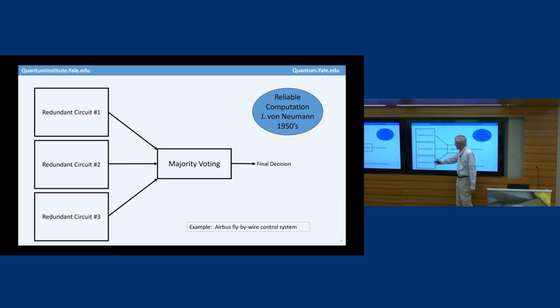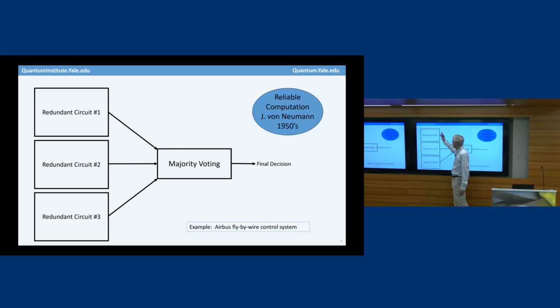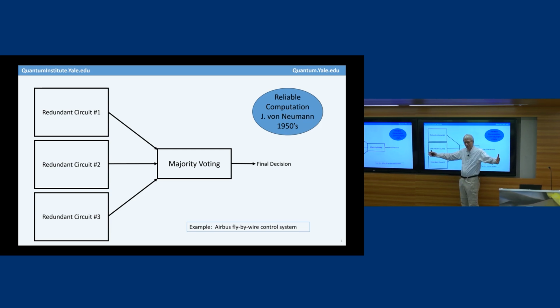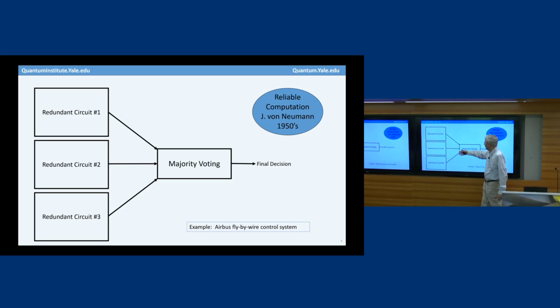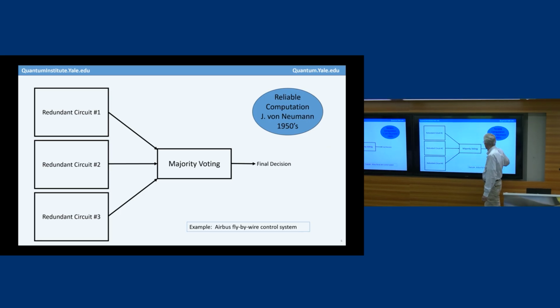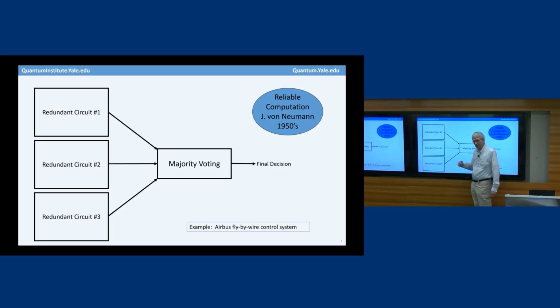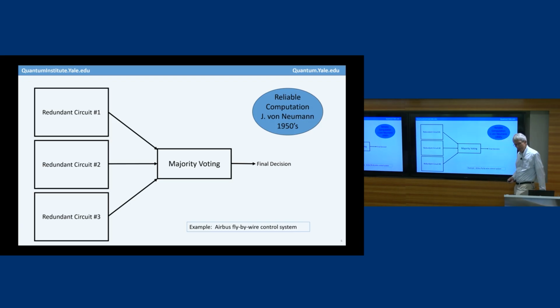You could have three entire computers, as is done in an Airbus, and the computers have to agree on the output before the plane automatically moves the control surfaces on the wings and tail, for example. Or this could be just some circuits inside a big computer, and it has many redundant parts inside, and there's some way of figuring out how to make it do the right thing even if one of the circuits fails. And I'll show you an example of how we do that.